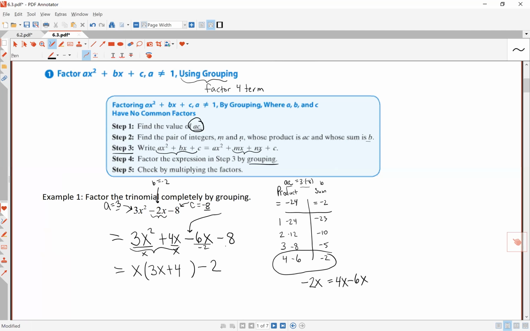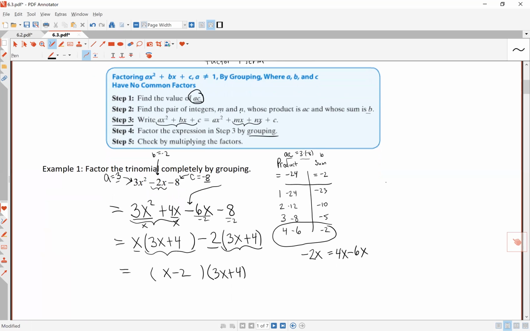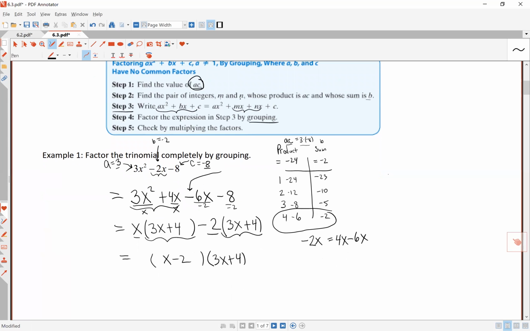Dividing both by -2, -6 over -2 is 3, and -8 over -2 is 4. Now we have a common binomial. We factor that off to the right-hand side, and we're left with 3x plus 4, and the remaining pieces are x minus 2, giving us x minus 2 times 3x plus 4.